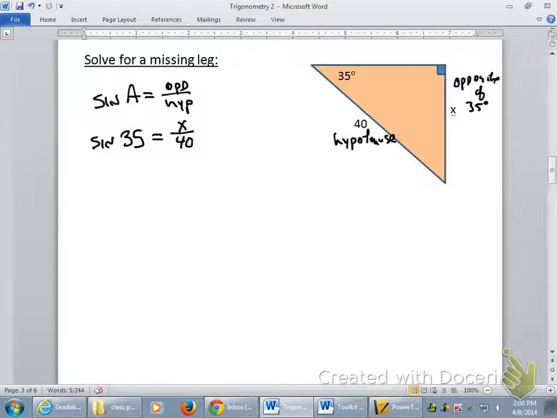Now, you don't have to do this, but could you not look up sine of 35 in your calculator? Yeah. Press sine 35. What do you get? 0.5736. Okay. Could you also look up sine of 35 on that table I gave you? It gives you that same thing, right?